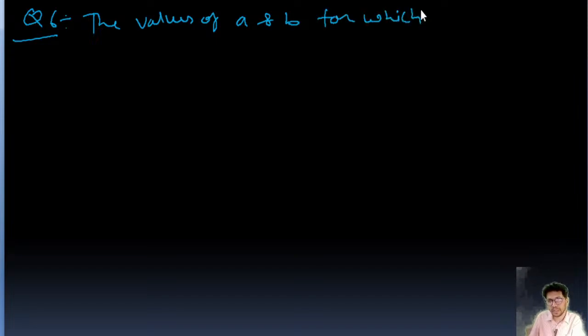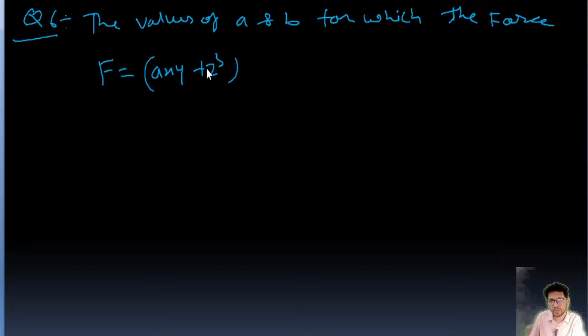The values of A and B, for which the force F equal to AXY plus Z cube I cap plus x square j cap plus bxz square k cap is conservative.